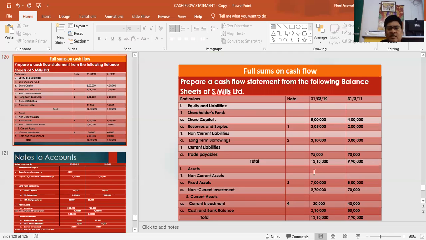Then assets are given: non-current assets like fixed assets with a note, non-current investment; current assets with a note, current investment, cash and bank balance, and total. Total of assets is equal to total of liabilities, that we know.